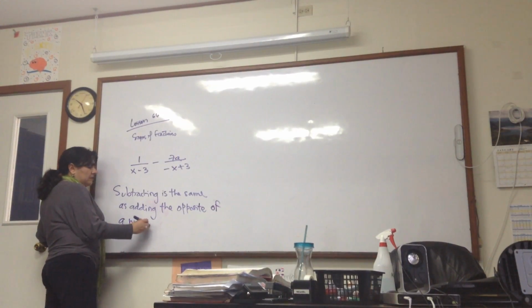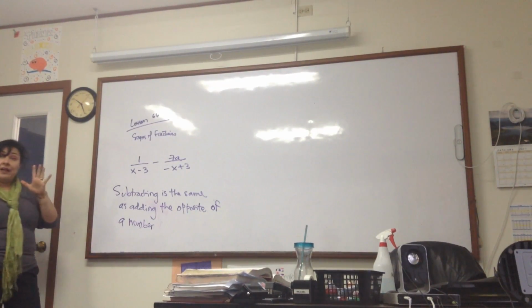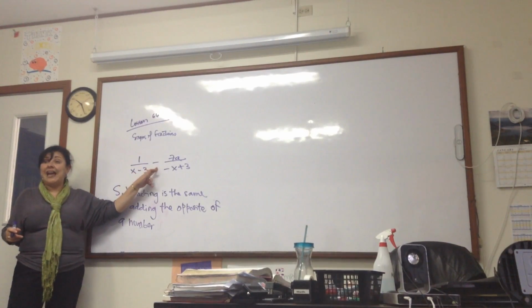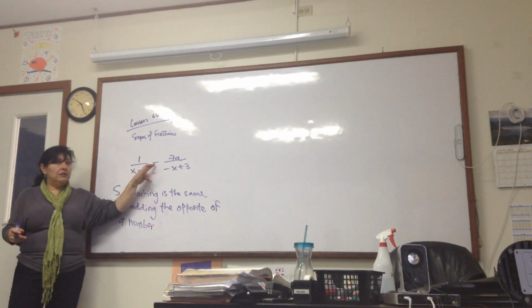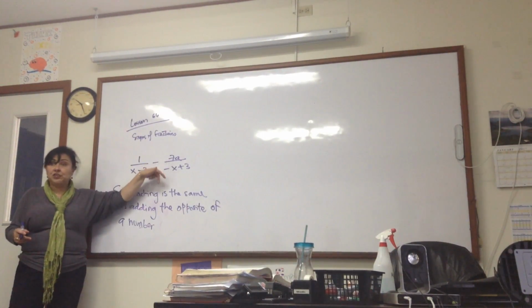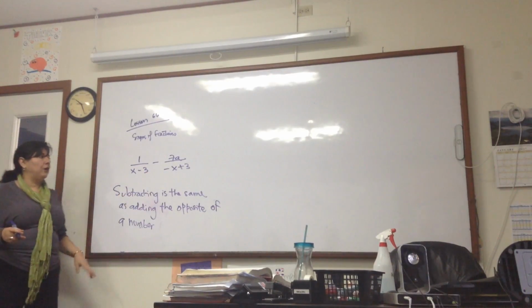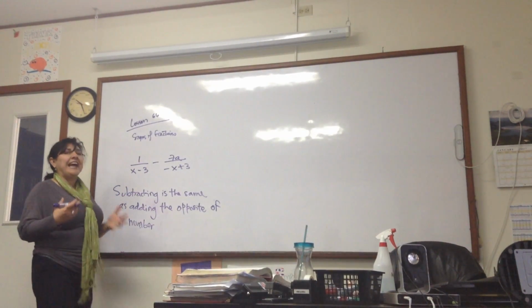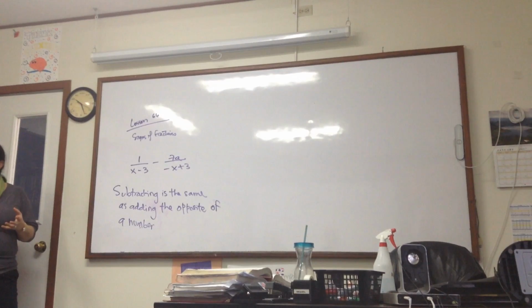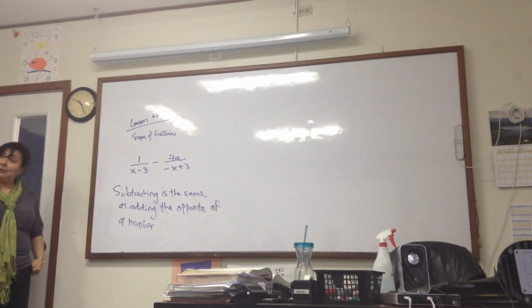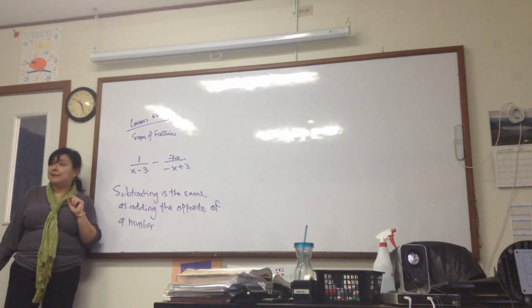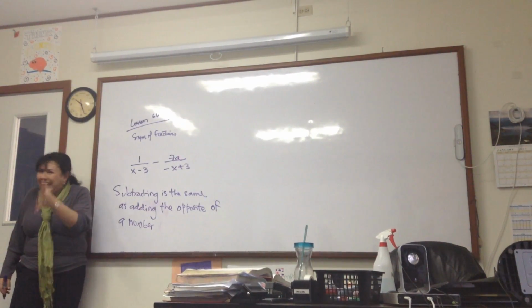Do you remember this? So in other words, this is the same as adding the opposite. Now, what's the other thing I need when I am adding or subtracting fractions? The same denominator. Do I have the same denominator? Not exactly.